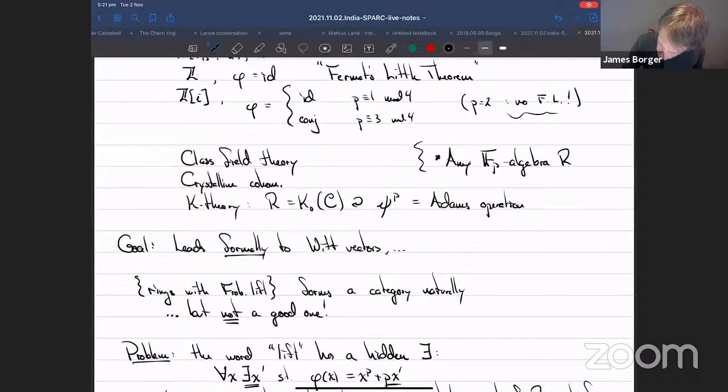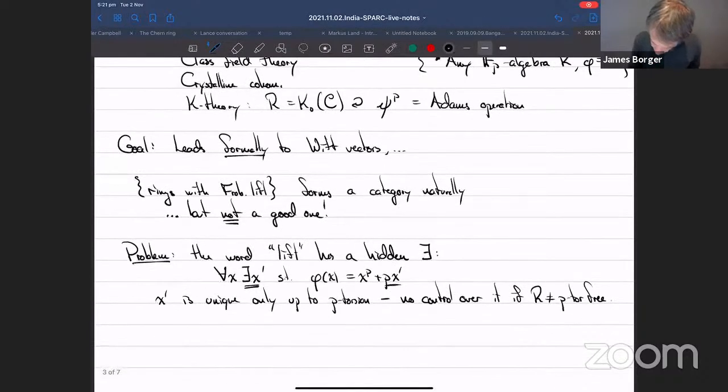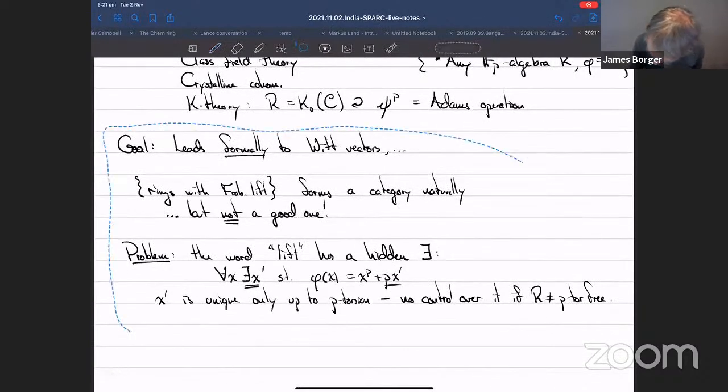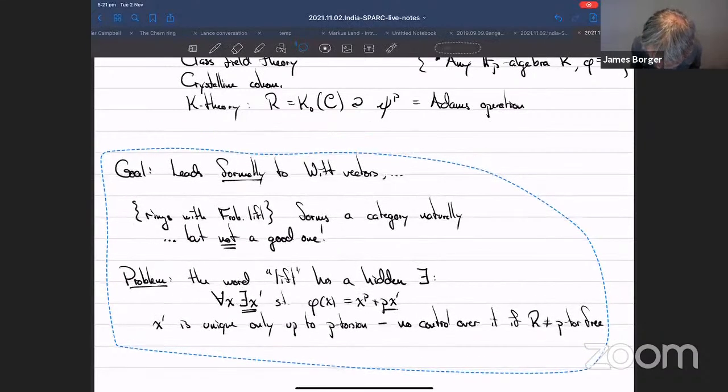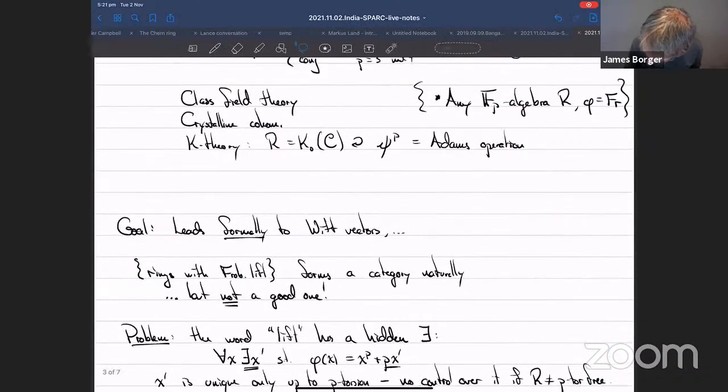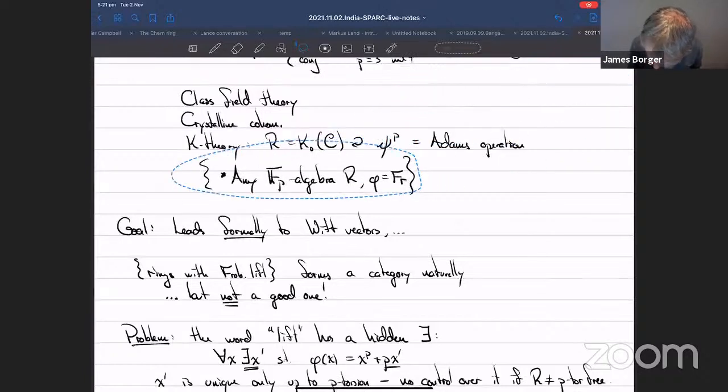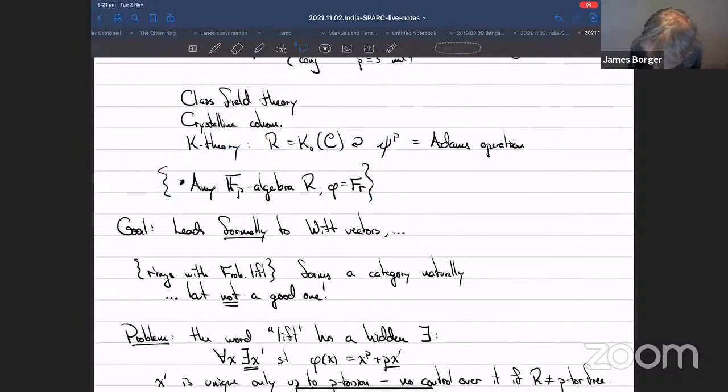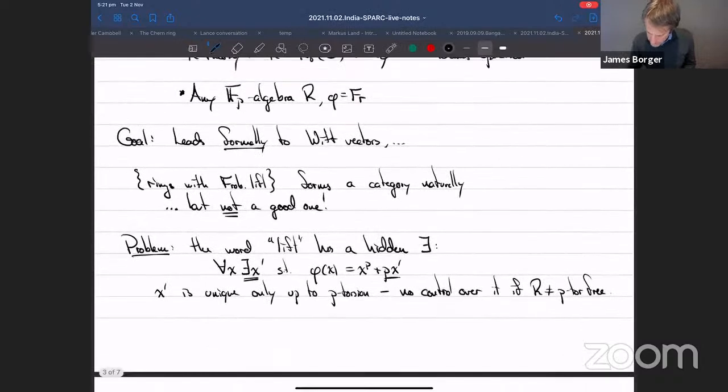Then the Frobenius lift is actually just the Frobenius map, the pth power map. That's an important enough example, I'll add it in. And in that case, x prime is arbitrary because p is 0.